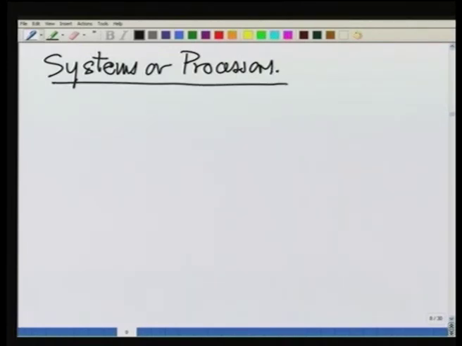Just to recall our earlier remarks about what a system is and how it relates to a signal, we said that a system is related to signals in the following manner.